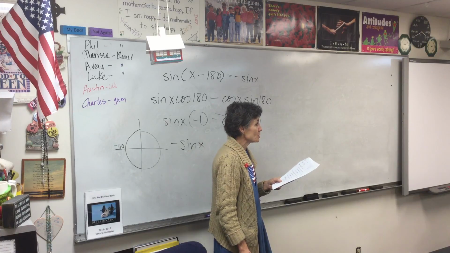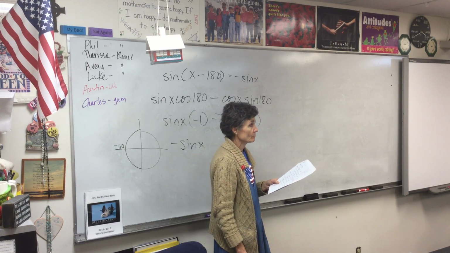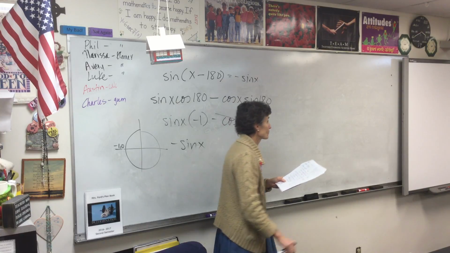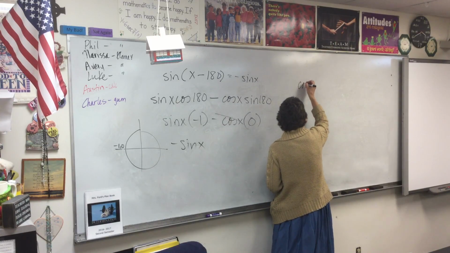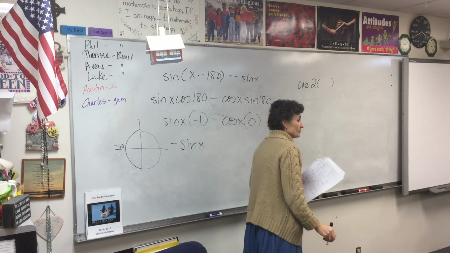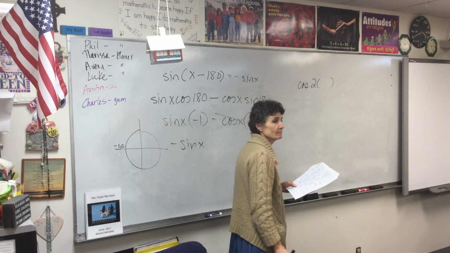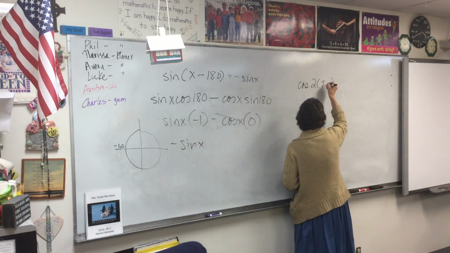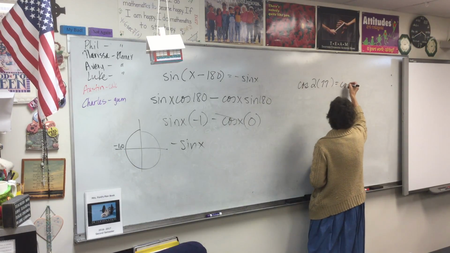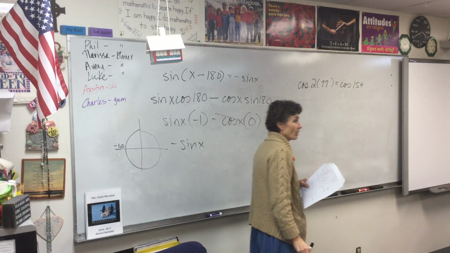Well, you better get out your green sheet. It's on the back side. It's the formula for the cosine of twice the angle. What's the angle we're twicing? 77. So this is a formula for the cosine of 154.